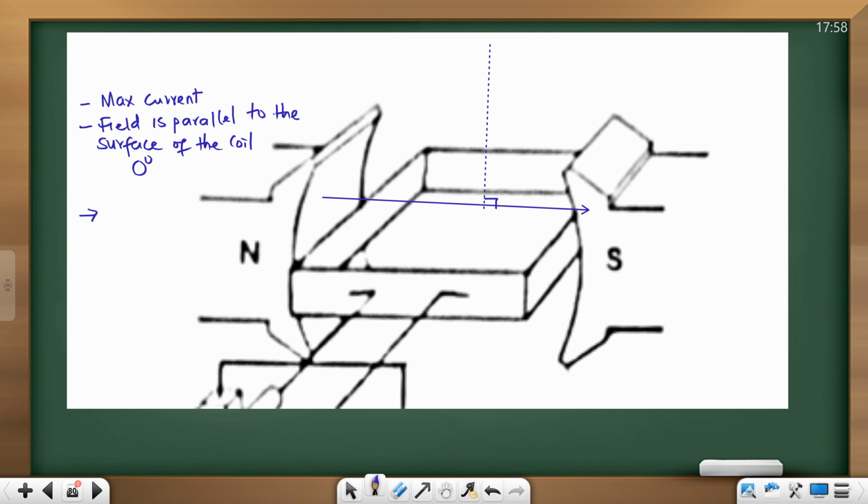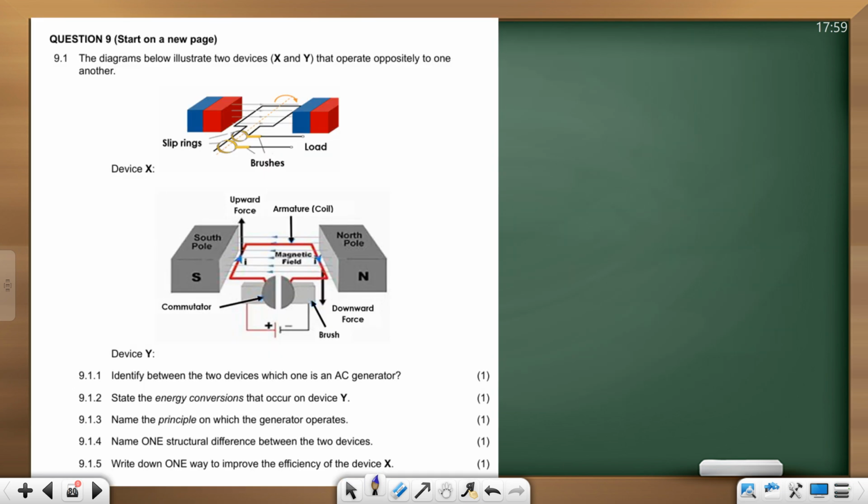The coil is perpendicular to the normal. And what is that angle? That's why if you go to my graph there, you would see the 90 degrees.